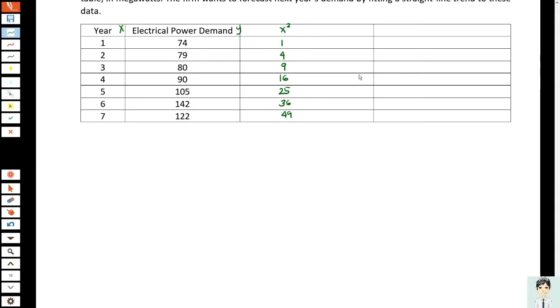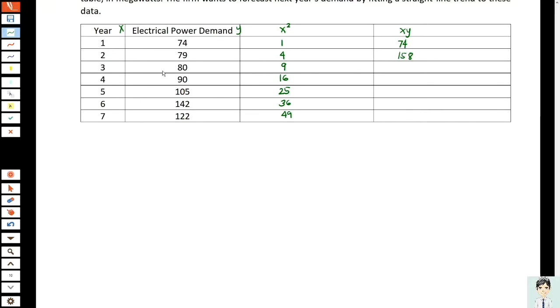The next, the xy value, x multiplied by y. 1 times 74, 74. 2 times 79, 158.